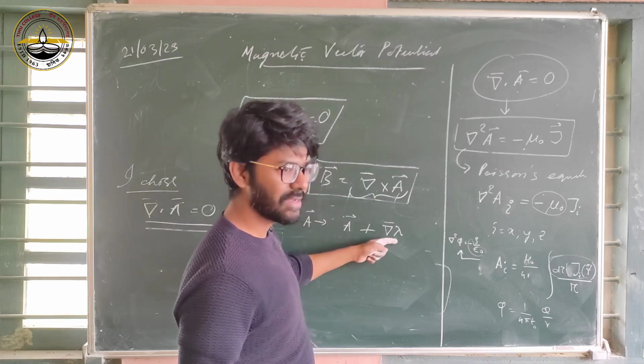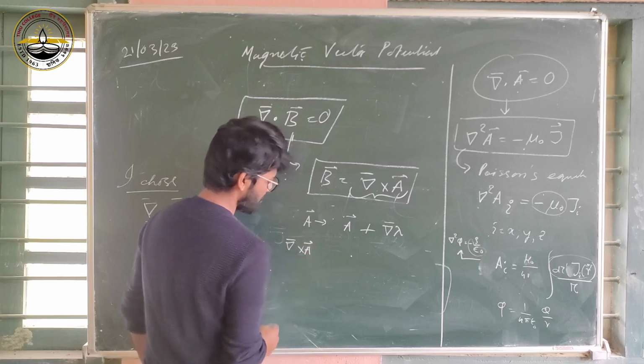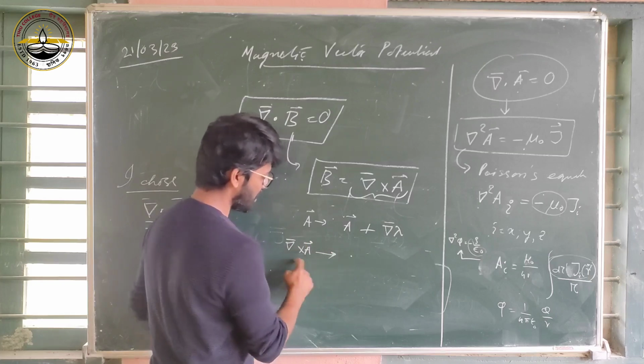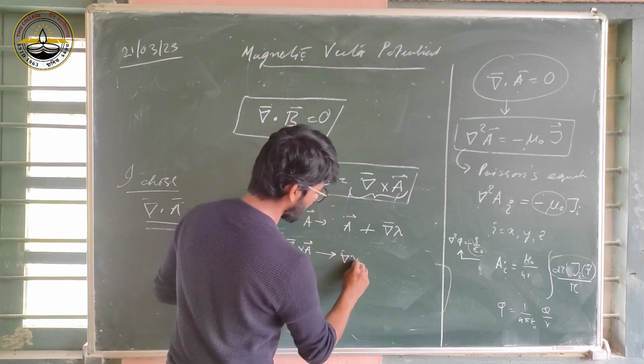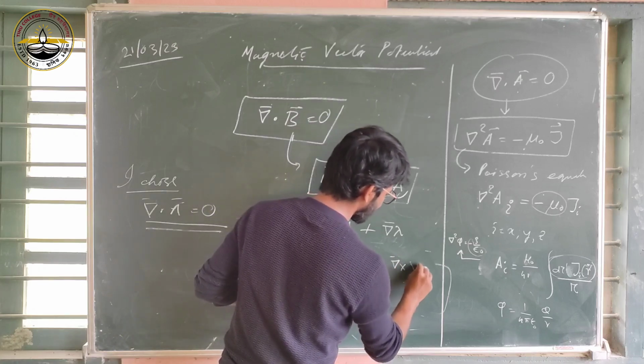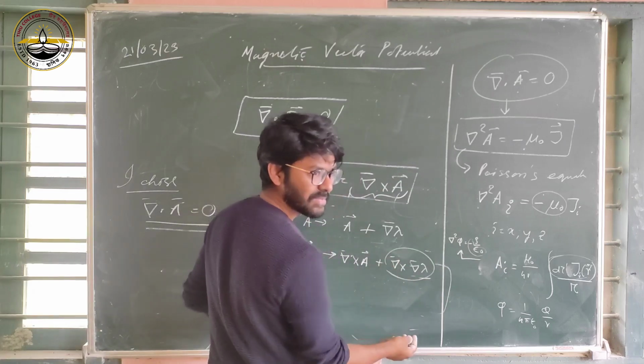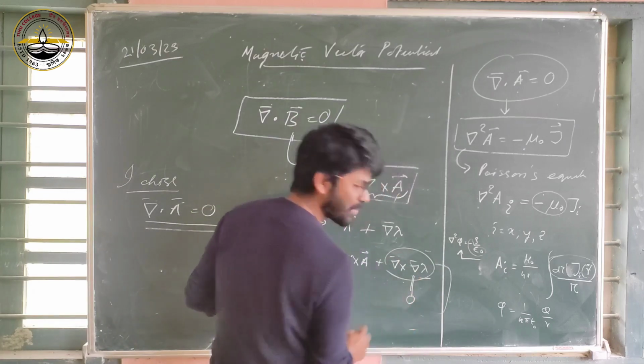If I do that, now take curl. Curl on this A. What will happen to this? It will be curl of A plus curl of this del lambda, right? But this is 0, because curl of a gradient is always 0.